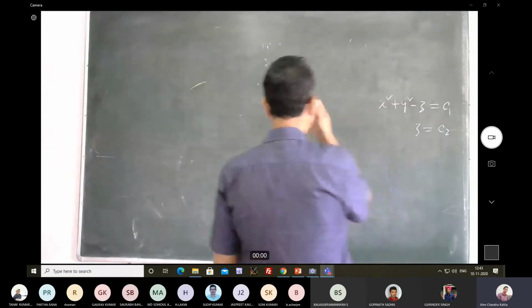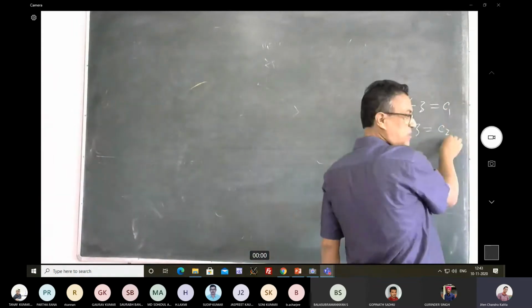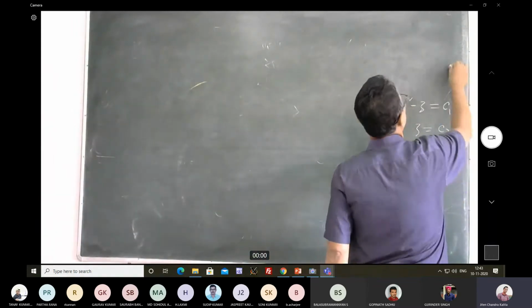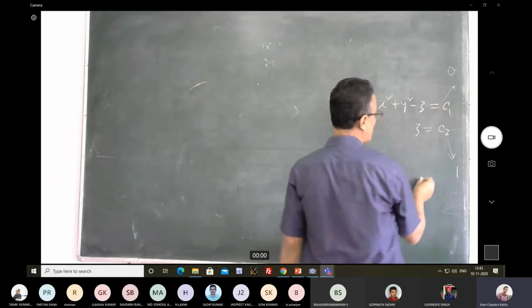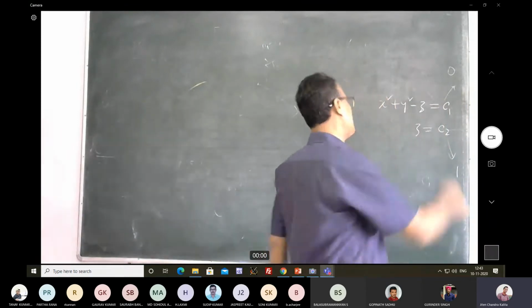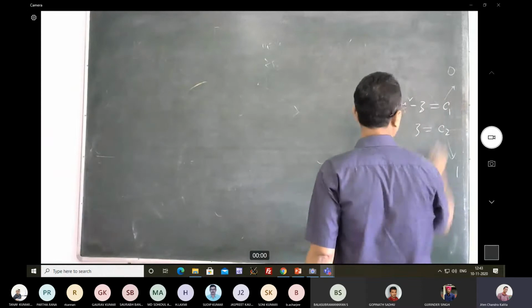In Simon's book, he has fixed C1 and C2 at the beginning. He has taken C1 equal to 0 and C2 equal to 1, and then he explained, and then he came back to these two equations by taking C1 and C2 arbitrarily. So what I'm going to do is combine both of them. I'm going to take C1 and C2 arbitrarily.